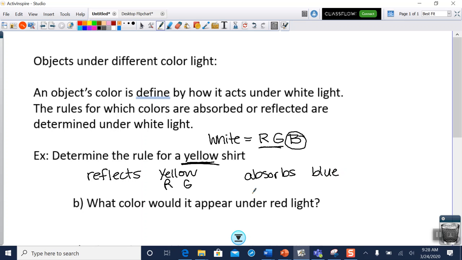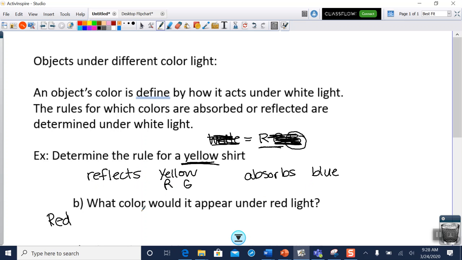Okay, so what color would this shirt appear under red light? Well, all we have to know is that now the only color we have is red. We no longer have all three colors. So these colors are now gone. We don't have white, we have red. So all you have to do is look at your rule and determine what the pigment in that shirt does with red.